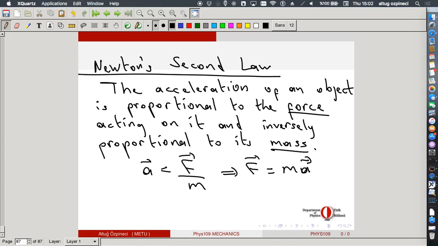What is mass? Okay, the second law tells us that the objects have this property called the mass. How do we define it? How do we measure it?